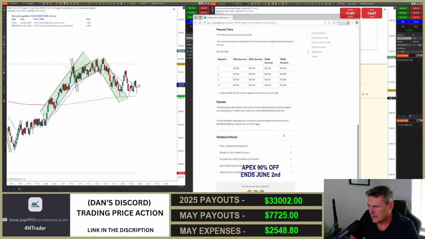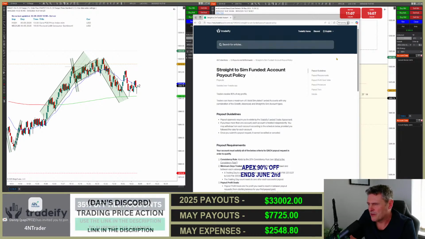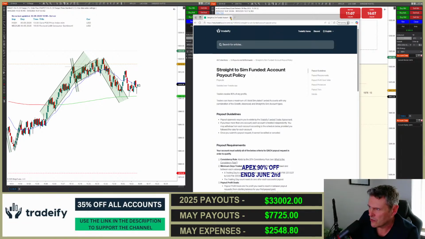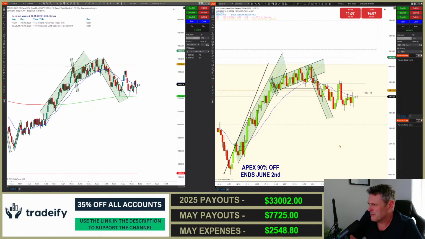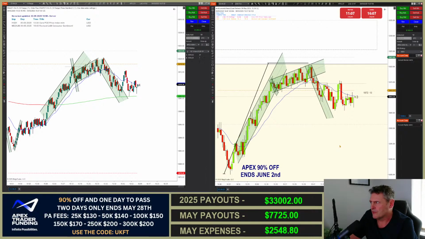I didn't like these when I first started, purely because of the cost of them. But then I thought, if I take 5 evaluations at around about $35 each, and then a $140 PA fee, it's cost me over $300 anyway.